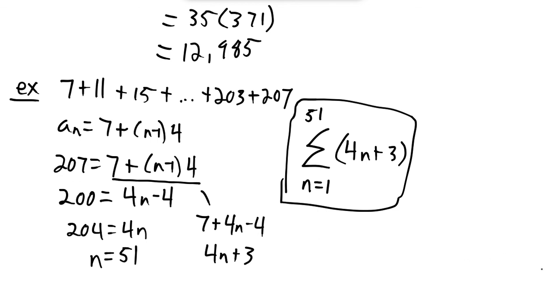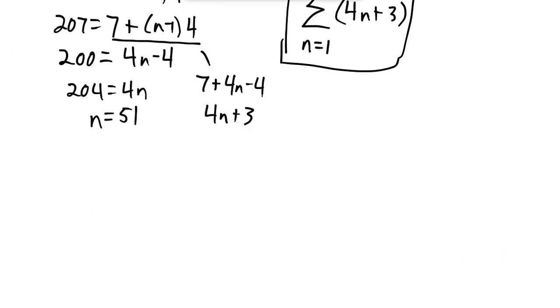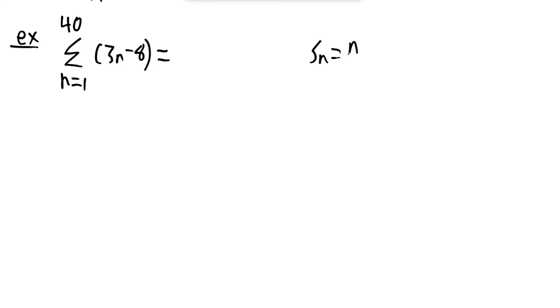All right, let's do another summation here. One more example. Let's say we have this sum written here. What is this going to be equal to? Well, our equation for the sum was n over 2 times our first term plus our last term. So this is going to be equal to, how many terms do we have? 40 minus 1 plus 1, so it's 40 over 2.